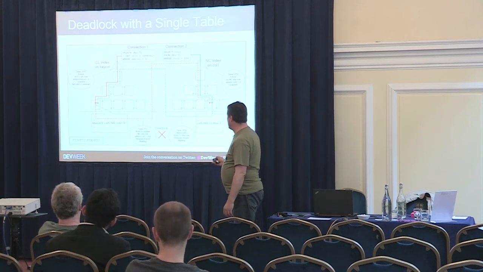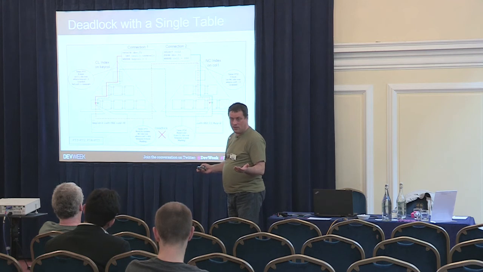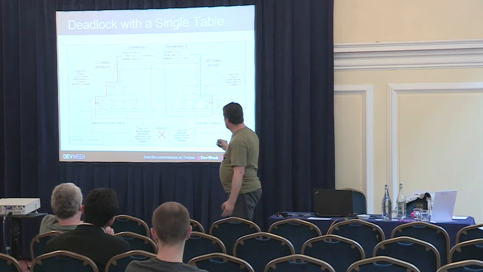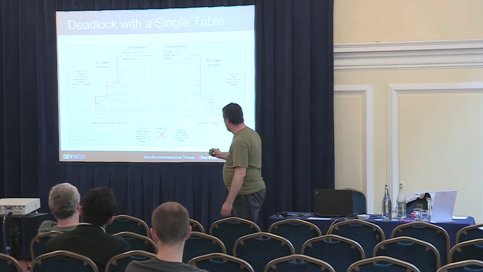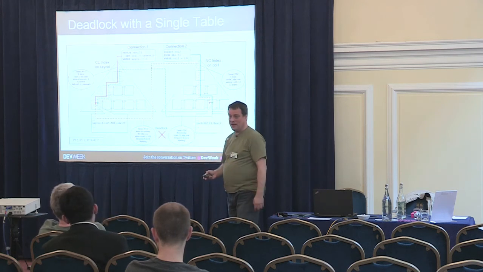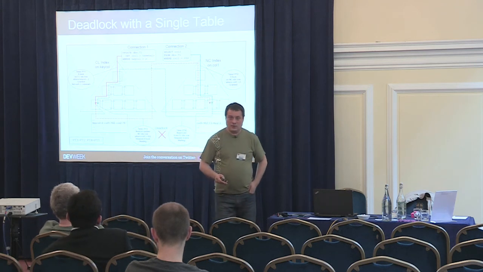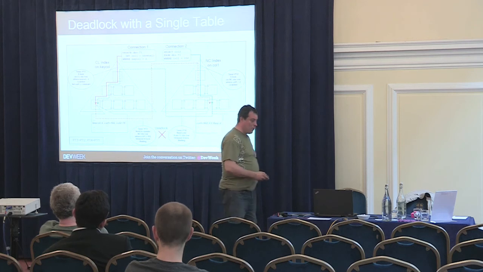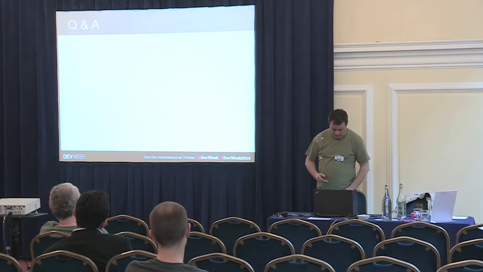So now, my first transaction is trying to get exclusive lock on the same row where I already have a shared lock. So at this moment, this is a wait lock. But because this was not a covering index, I need to use bookmark lookup to find column 2. And now I'm waiting for shared lock here, and I'm getting a deadlock. You see? So this is this example of bookmark lookup deadlock or deadlock with a single table.